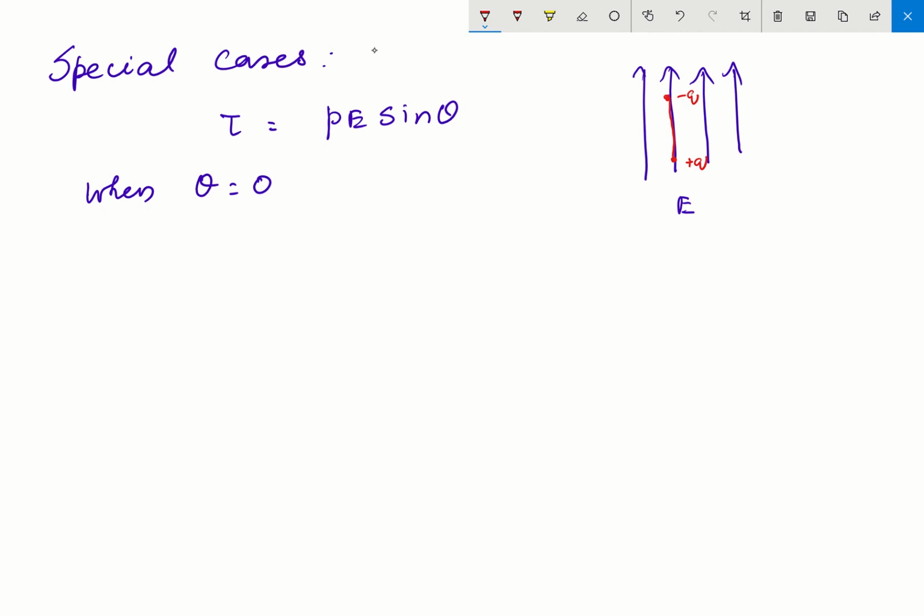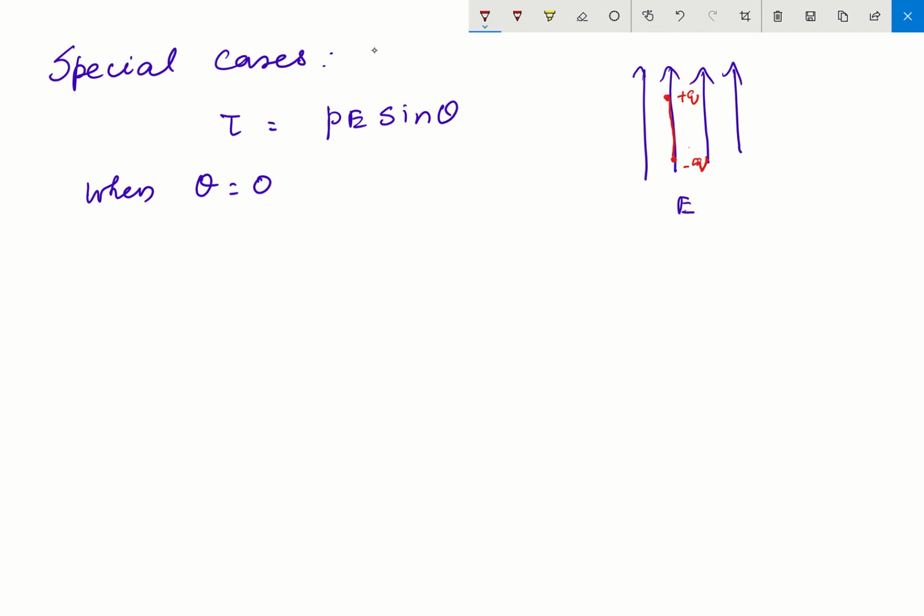This is the dipole. I think it is, this is plus q and this is minus q. Why? I'll tell you. I'm keeping it like this. Only then can you say P and E are in the same direction.